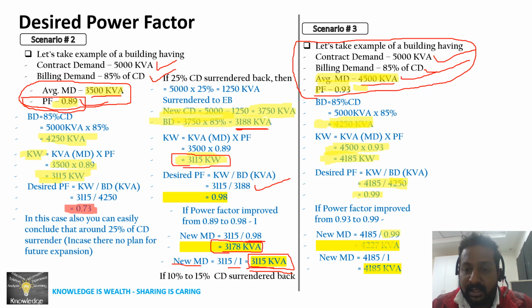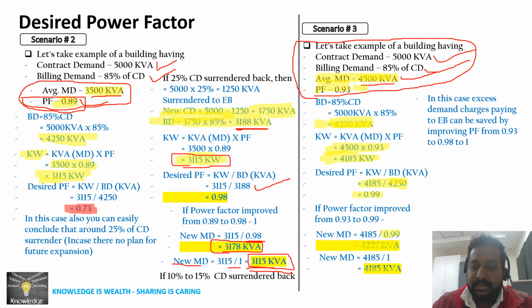Instead of increasing the contract demand, if you know your power factor is 0.93, by improving the power factor from 0.93 to 0.99 or unity, you bring the maximum demand down from 4500 kVA to 4225 kVA at 0.99, and 4185 kVA if you maintain unity power factor.